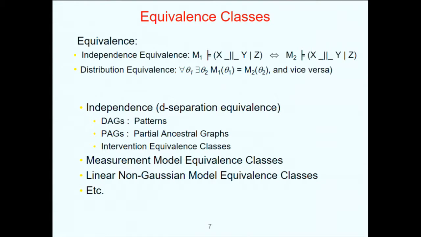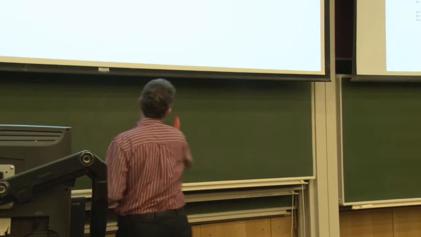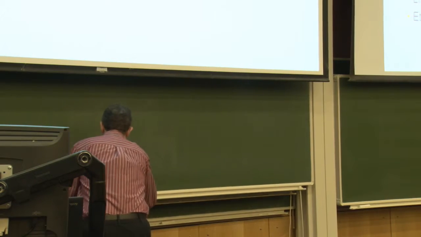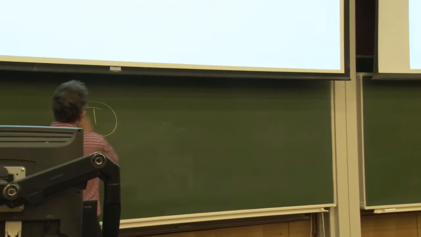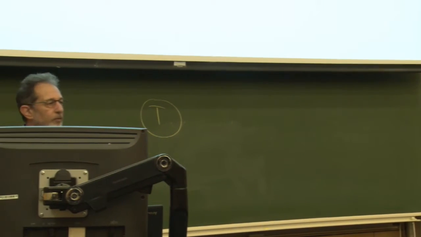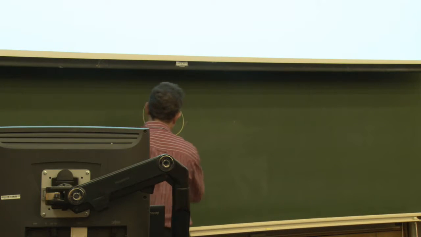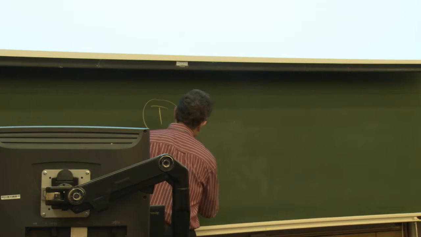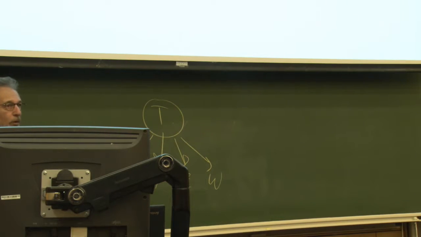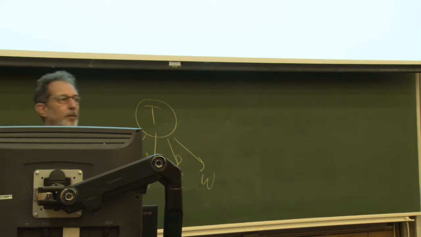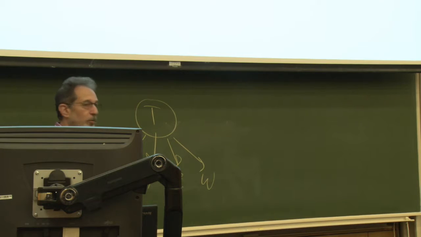So here's a simple example. If t is a latent variable I don't get to observe but is acting like any other, and it's a common cause of four variables that I do measure, x, y, z, and w, then there are no independence relationships entailed about x, y, z, and w.